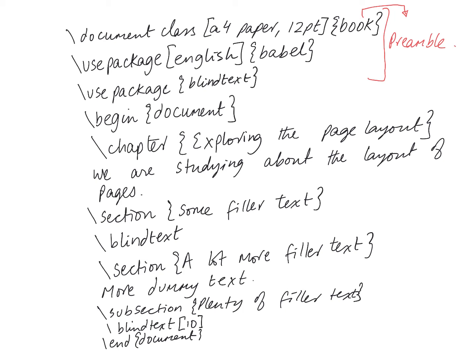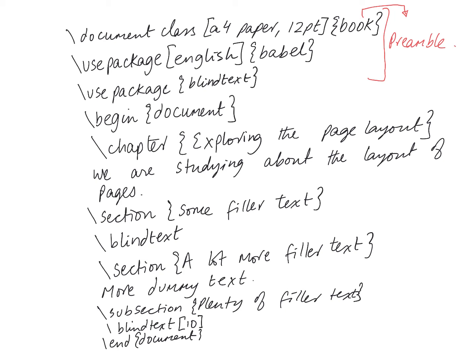They may also have front matter with one or more title pages and a back matter with bibliography. So the book class supports all of these things. So you'll have front matter, title pages, back matter, bibliography, index, everything.